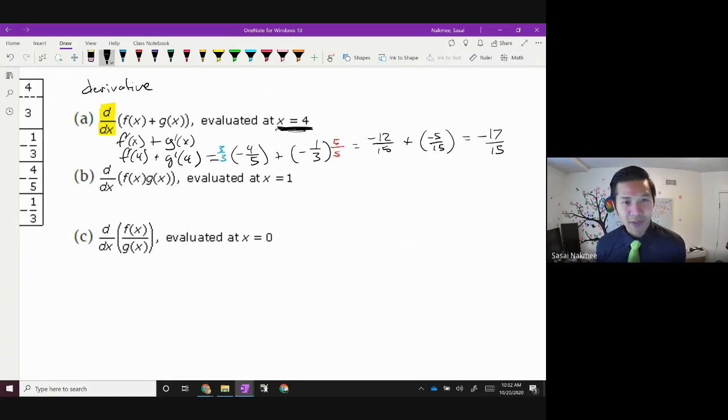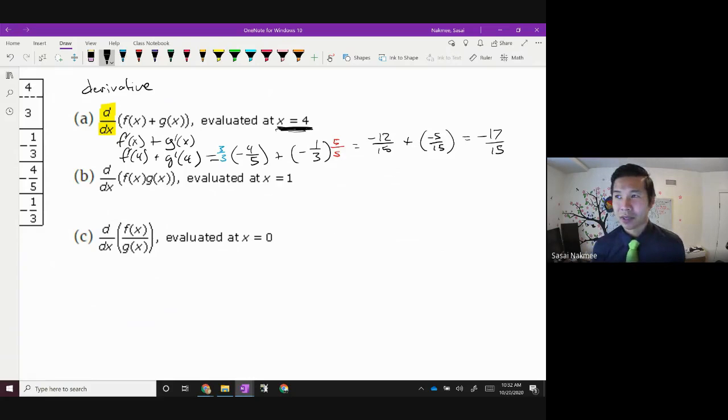Improper fractions, I don't know why they say it like that, but I like that more than a mixed fraction. It's easier to deal with if you have to plug it back into something else, because plugging in a mixed fraction is really annoying. But if you want to write it as a mixed fraction, it'd be negative 1 and 2/15.